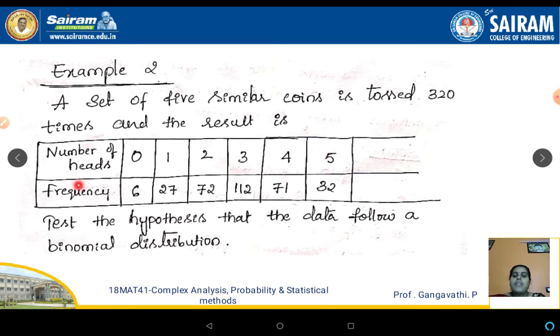The frequency of appearing 0 heads is 6 out of 320 tosses, and 1 head appearing is 27 times, 2 heads appearing is 72, and 112, 71, 32 are given in the data itself. So what we need to do? Test the hypothesis that the data follow a binomial distribution. This is the question. We need to check whether the data follow the binomial distribution.